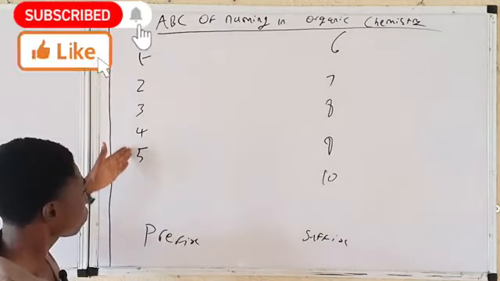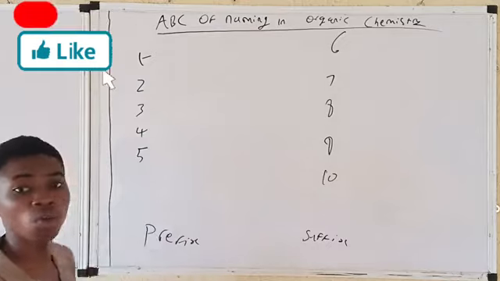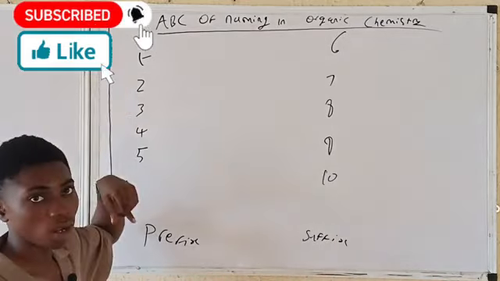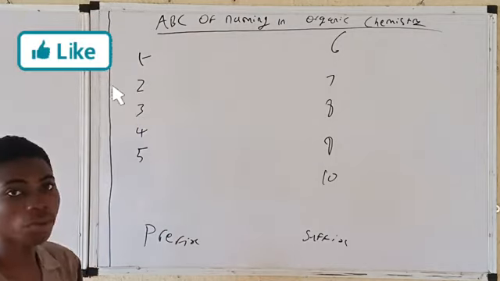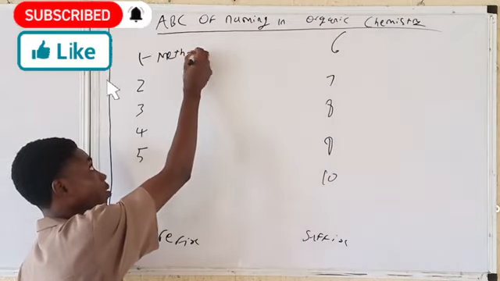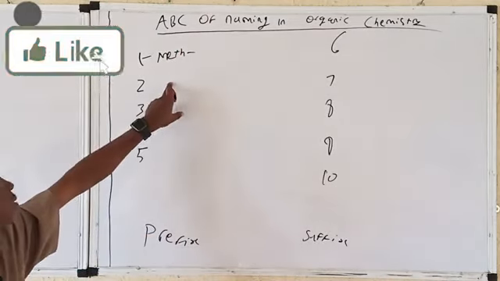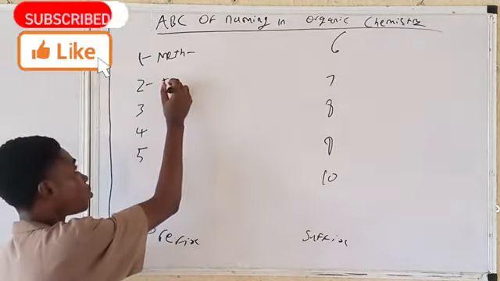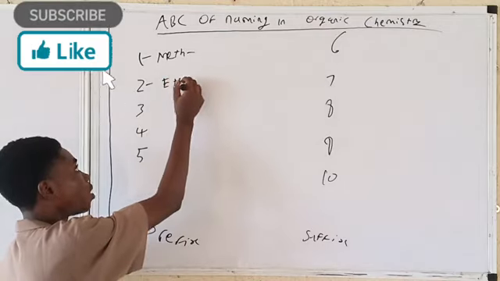Look at all this. This number determines the number of carbon atoms in the compound. So, for example, for a compound having just 1 carbon atom, the prefix is meth. The prefix is meth for 1, right? Then for 2, the prefix is eth.